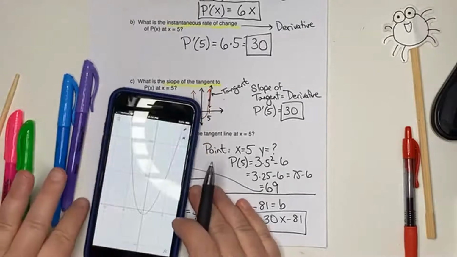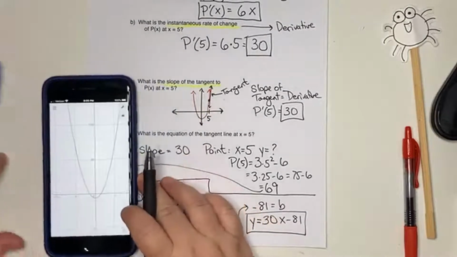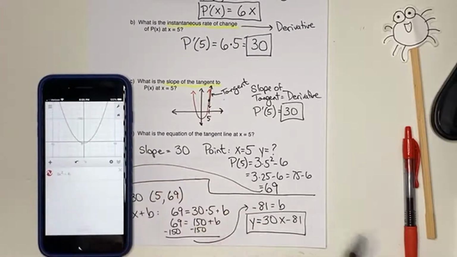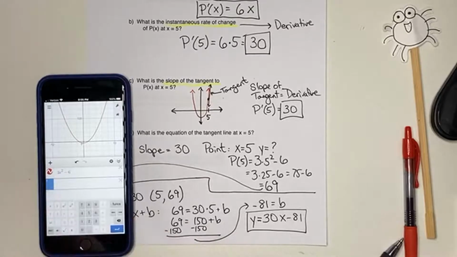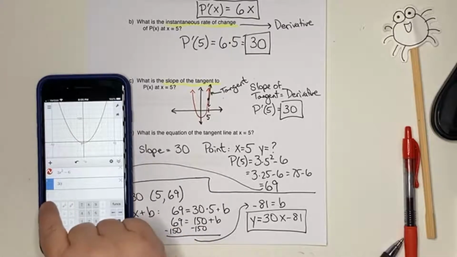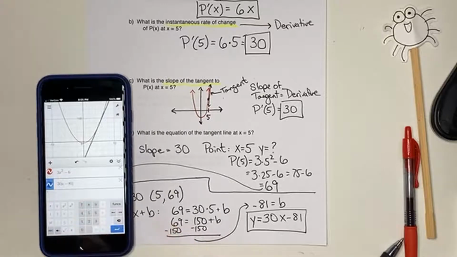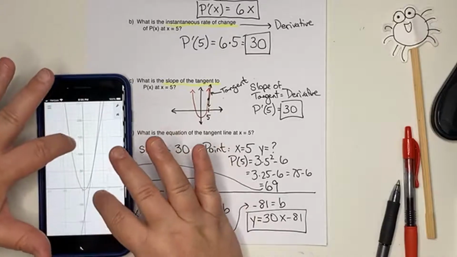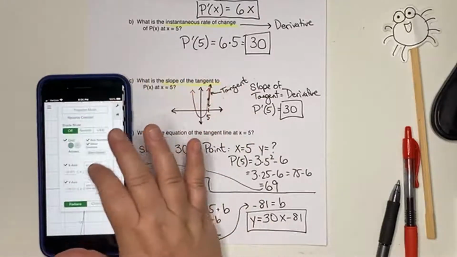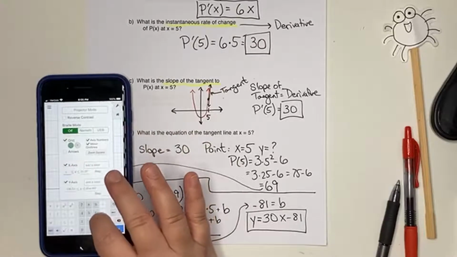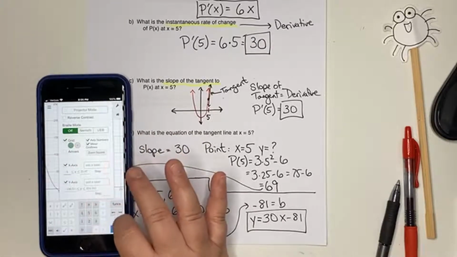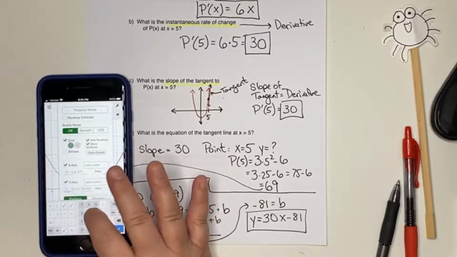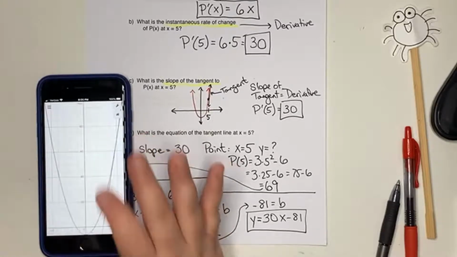Let's come back. And again, I'm just using Desmos, but you can use whatever graphing app. You can just Google a graph. There are lots of ways to graph it. And what I'm going to do is type in as my second graph 30x minus 81. Isn't that pretty? Look at that. It's a little bit harder to see, so let me adjust the window.